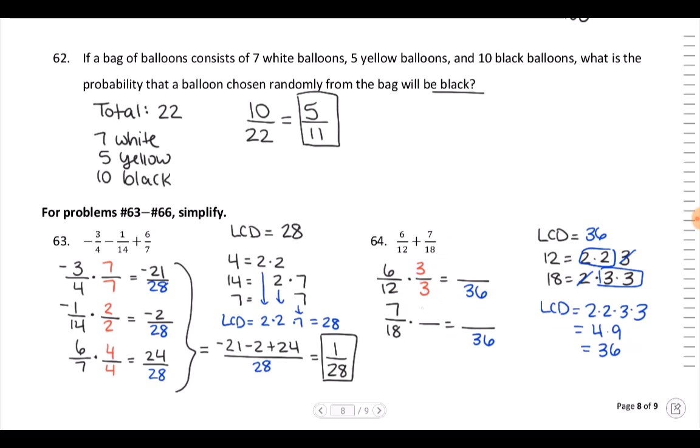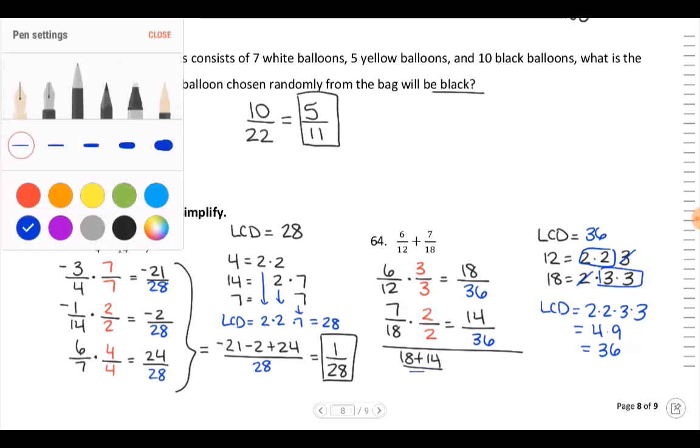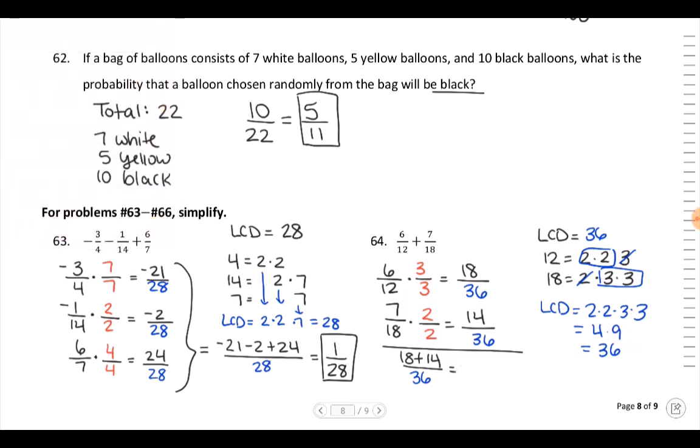And then 18 times 2 over 2. So 6 times 3 is 18, and 7 times 2 is 14. When we add those together, 18 plus 14, you keep your denominator the same, 36.